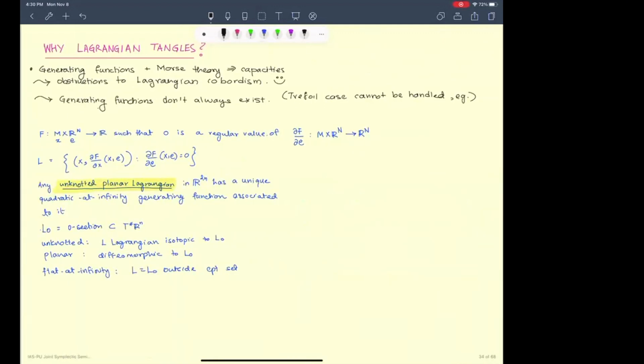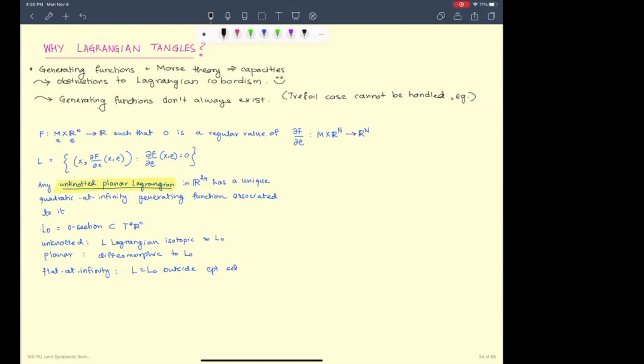And if we have an unknotted planar Lagrangian, unknotted means you want it to be isotopic to the standard, the zero section. So I'm working with R4, which is T star R2, so you want something isotopic to R2. And flat at infinity means outside some compact set, you want it to be the zero section.